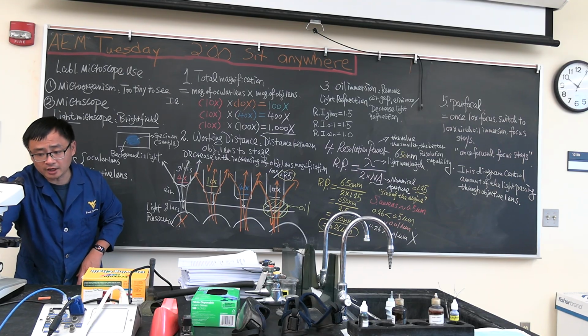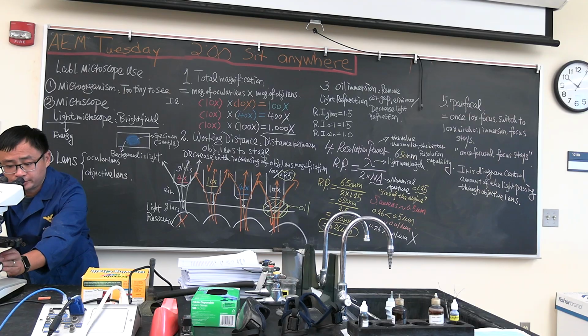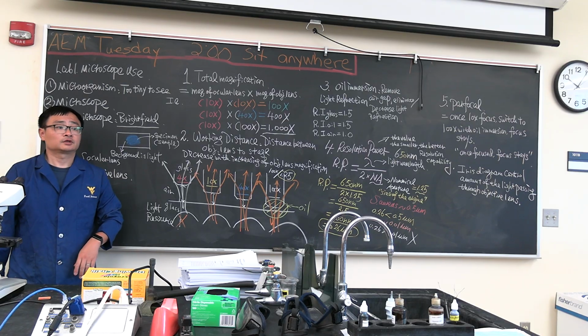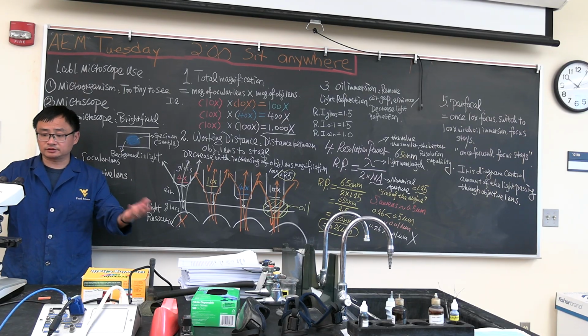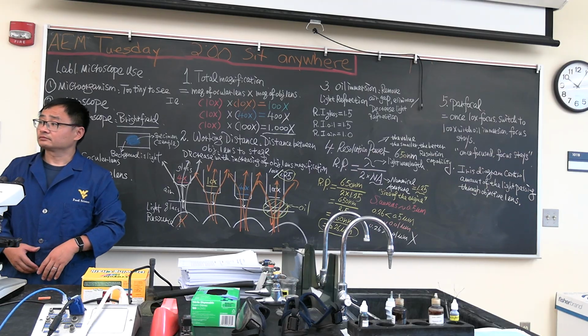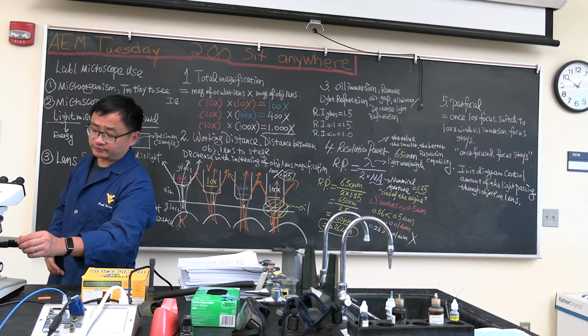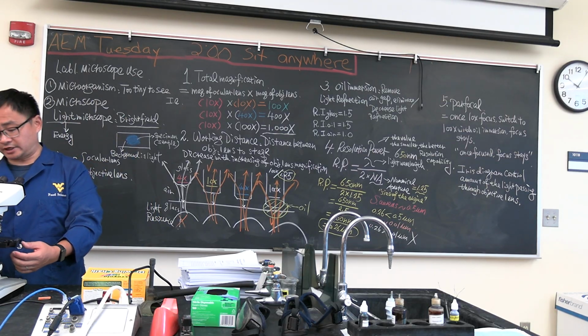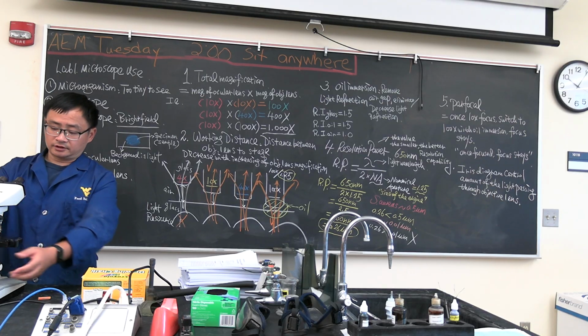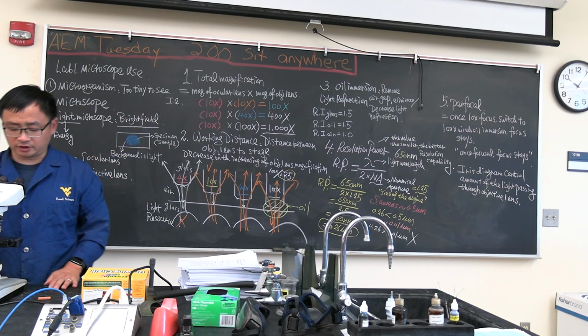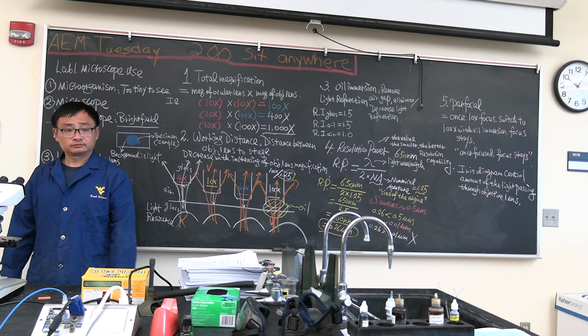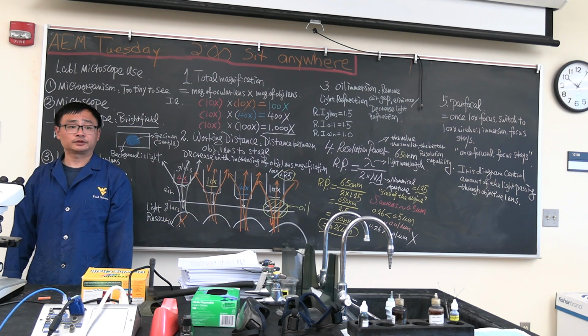If you are using 100x, it should be set at 100. Otherwise, the light amount is not going to be enough. Okay? Then we have this stage control, back and forth. That's easy. And the fine focus, coarse focus. So basically, that's a microscope.